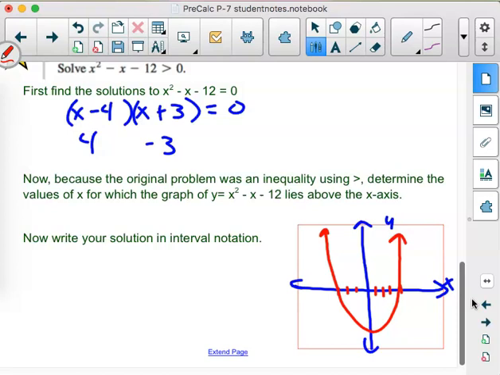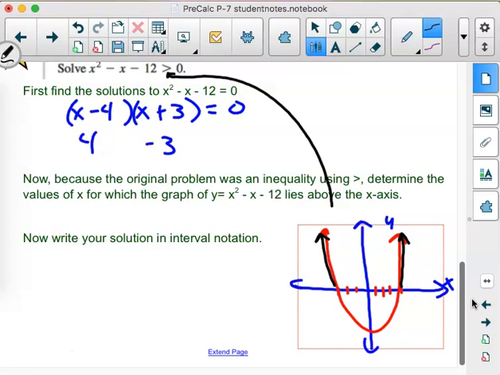And then, since the solutions depended on greater than, I realize that's here and here, because it has to be greater than 0. Those are my two arrows going to the extremes, negative forever and positive forever.